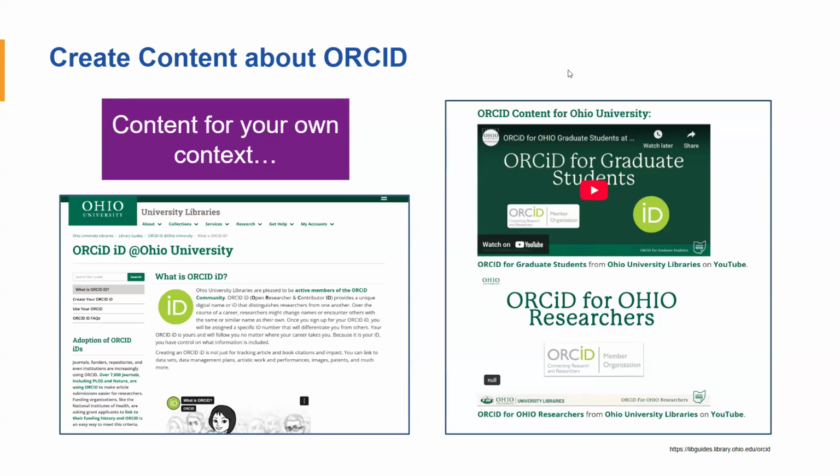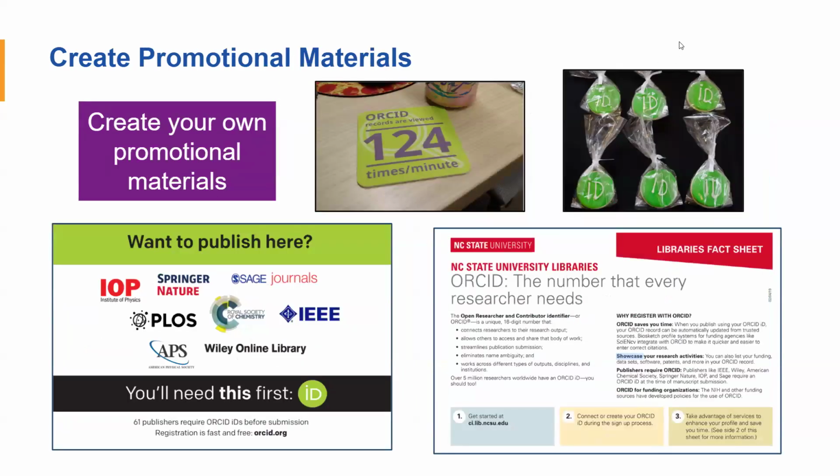On the next slide, we'll take a look at promotional materials that you could also use or create in your own context. So to get the message across on what works best for your researchers, for example, you could create a postcard. Here's an example of a postcard from Temple University talking about, if you want to publish in Springer Nature or IEEE or Sage journals, you're going to need an ORCID ID first.